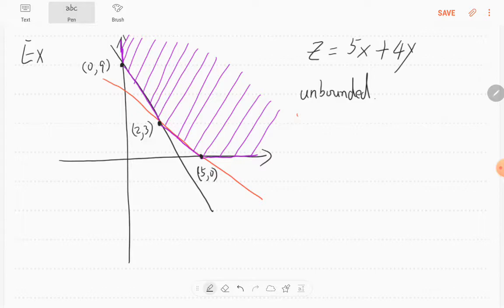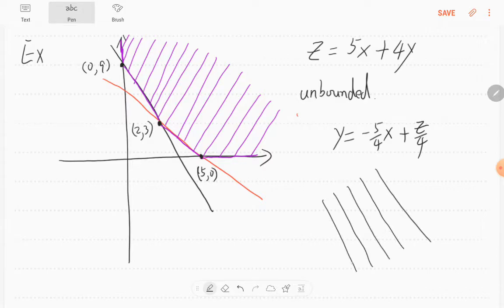So you can see that, for this z, if you solve it for y, you will have y equals negative 5 over 4 x plus z over 4, right? When z is decreasing, the line will move parallel, down.